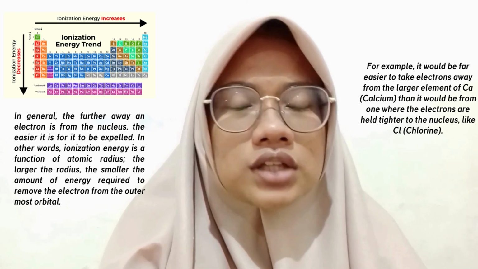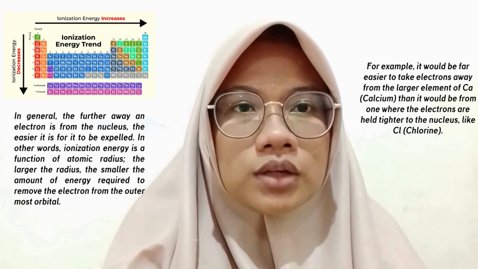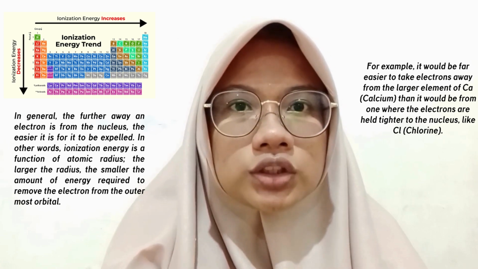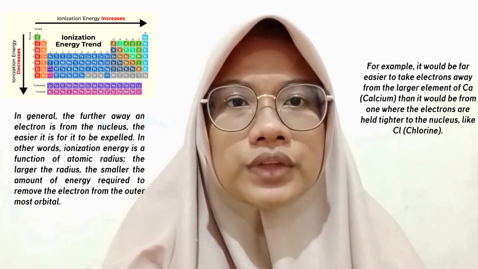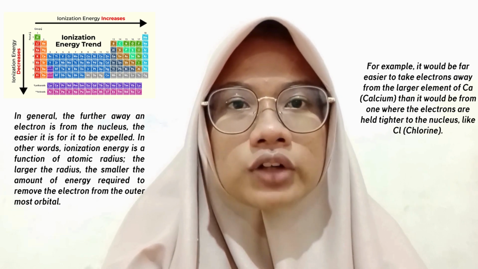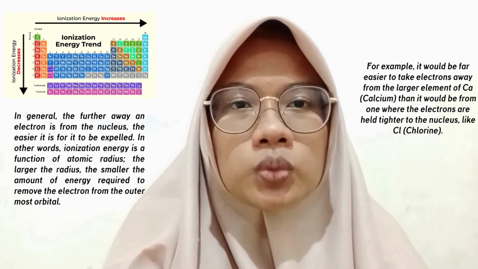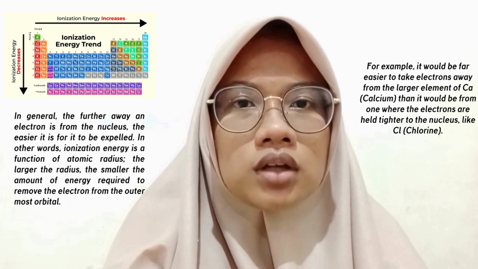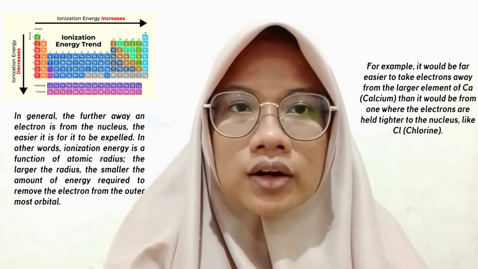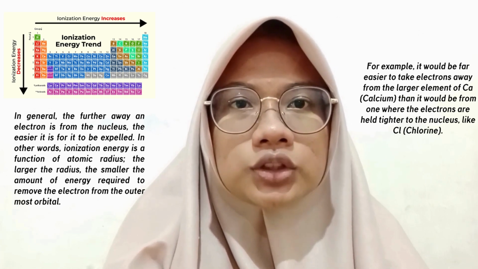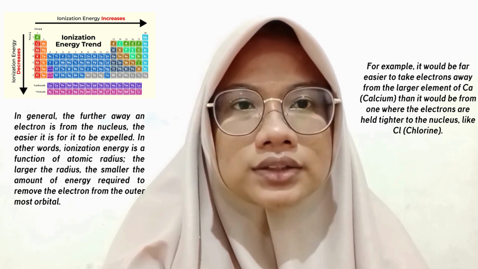For example, it is far easier to take an electron away from a large element like calcium than it would be from one where the electrons are held tighter to the nucleus, like chlorine.